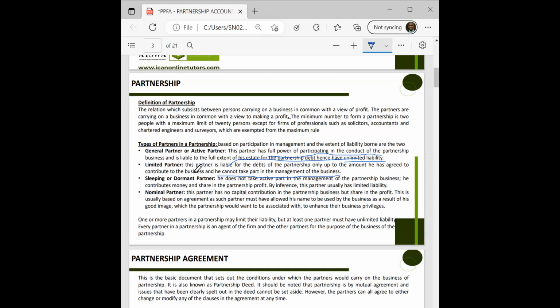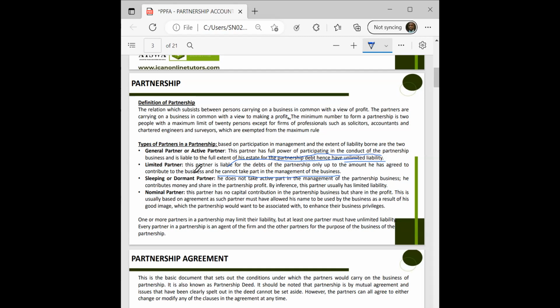Let's look at the third one, sleeping or dormant partner. He does not take active part in the management of the partnership business. He only contributes money and shares in the partnership profits. By inference, this partner usually has limited liability. This one also does not take part.